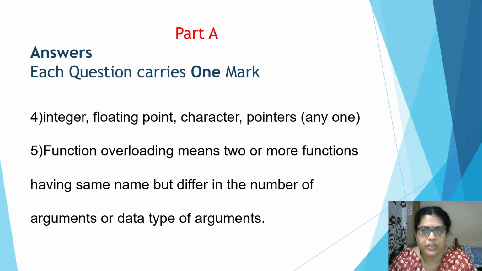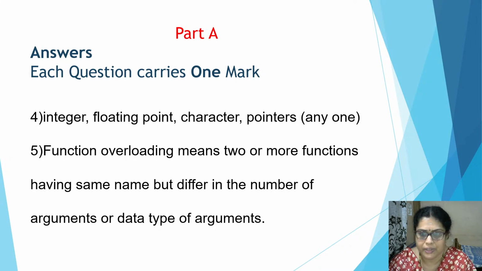So for example, if I want to print 2 integer values and print 3 float values, I can give the same name to the function, print. Instead of giving different names for each function, I can give the same name, and only the arguments and the data type of the arguments differ.